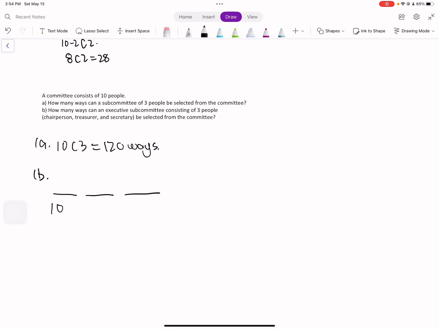For the second job, the treasurer, we only have 9 people left, so that's 9. And for the last one, secretary, we only have 8 people left, so that's 8. So that's how many ways we can choose them. We just multiply them together, and this equals 720 ways. Okay, solved.